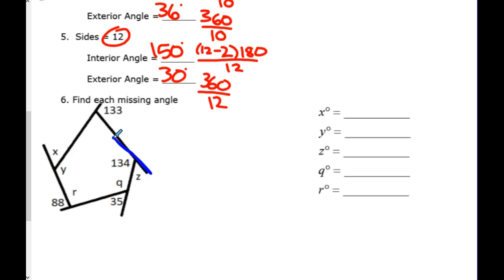And that means they're supplementary. So we are going to subtract from 180, right? So 180 minus 134 is 46 degrees, yeah? So Z is really 46 degrees, and we can write that over here for Z.